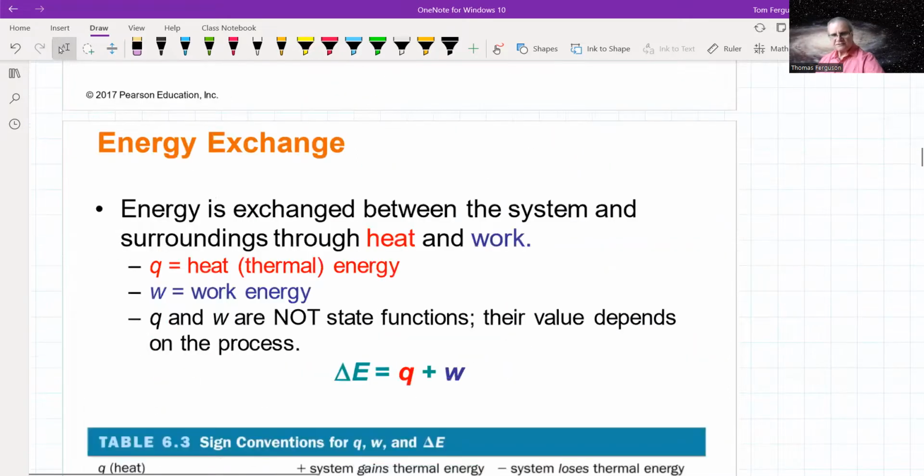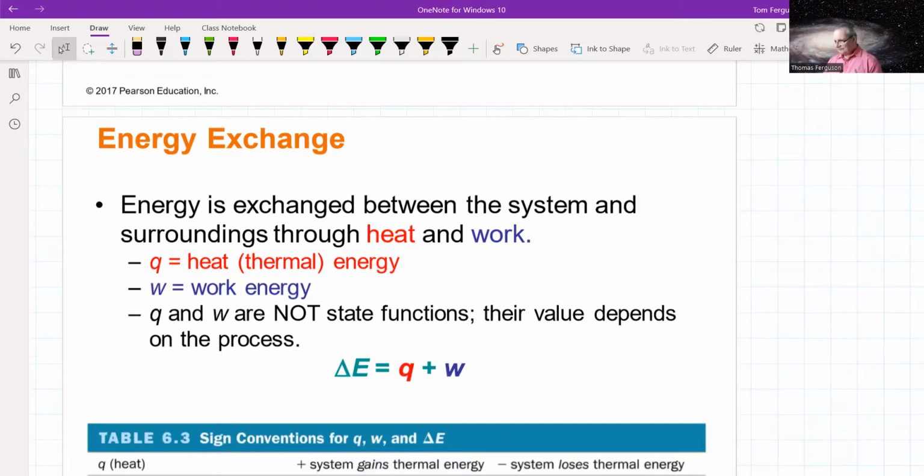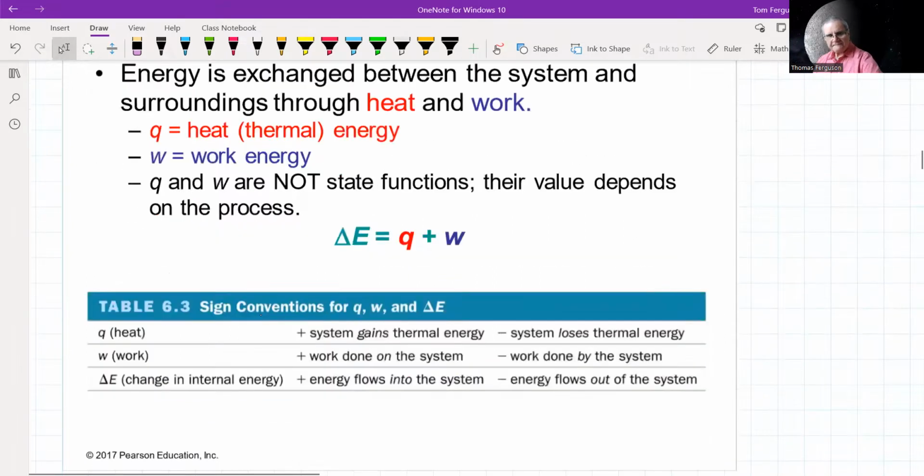Okay, energy exchange. And again, remember that the energy in a molecule is going to be a combination of work energy, the vibration or movement, plus thermal energy in terms of heat. Okay, and that can be expressed in terms of potential energy of the bonds.